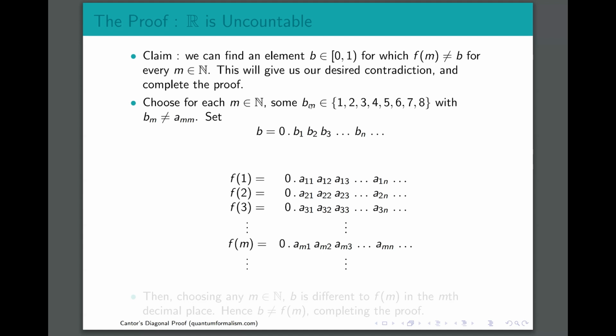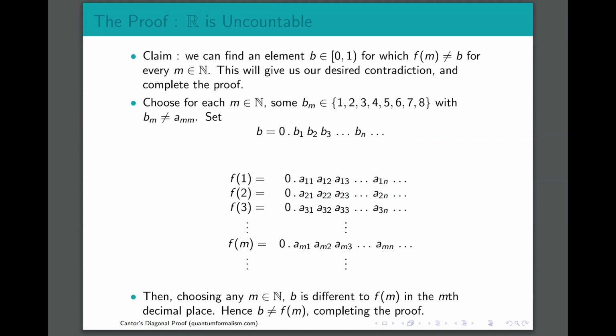So what have we done when we've created this number b? b1 is not equal to a11, b2 is not equal to a22, b3 is not equal to a33, and so on. Every single diagonal element in this list is the point in which it's not equal to b. So for every natural number m, b is different to f(m) in the mth decimal place.